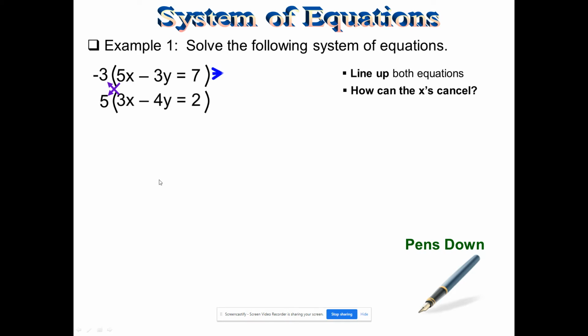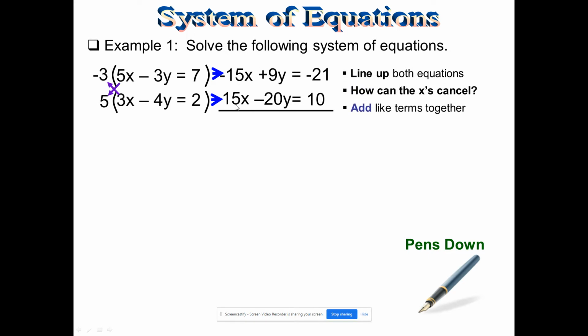So I'm going to distribute. Notice how I distribute to everything. Don't forget that. That's going to be a negative 21. Don't forget to distribute to the last number. And then once I've distributed, I'm going to add up the common terms.